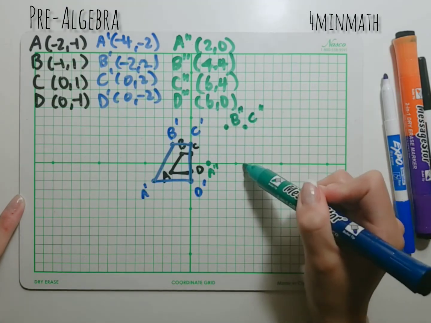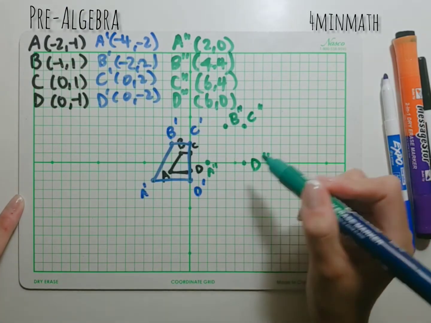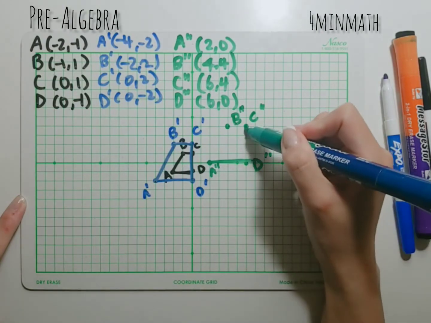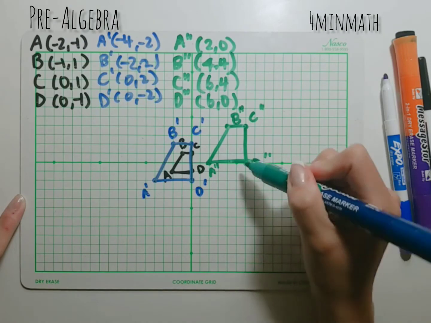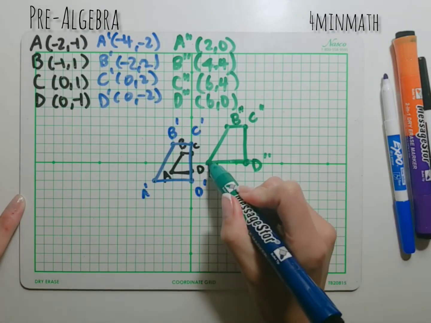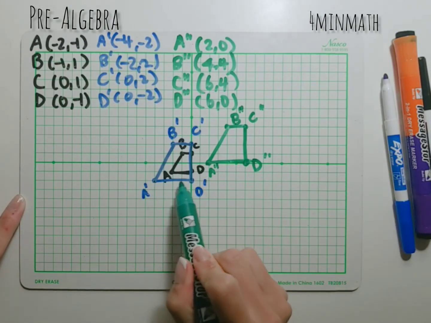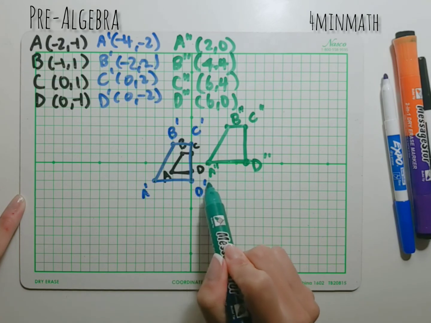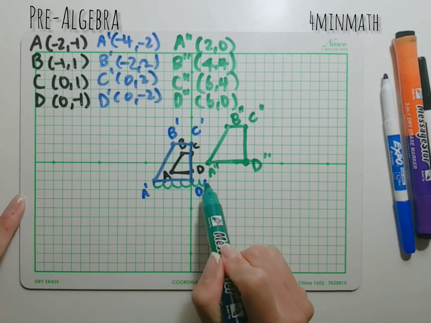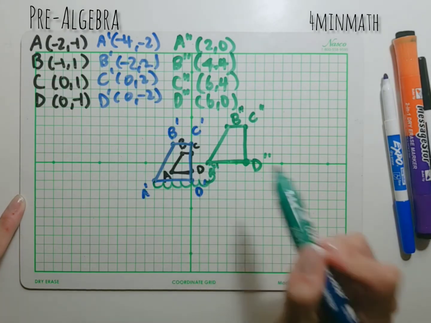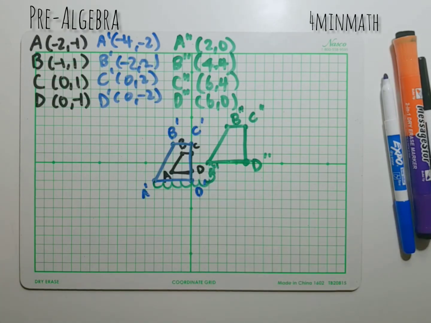And then 6, 0 is D double prime. So connect the trapezoid, and this is my second transformation. And notice from the blue, I went from A here, I went 6 units right, and then 2 units up, just like how I was told to do. And that's the final answer.